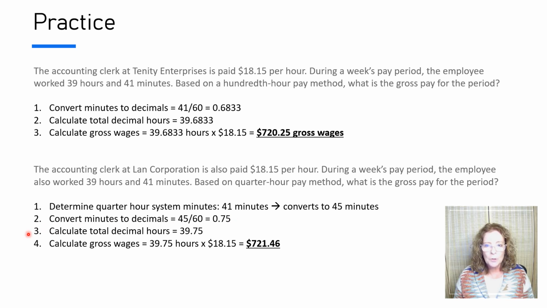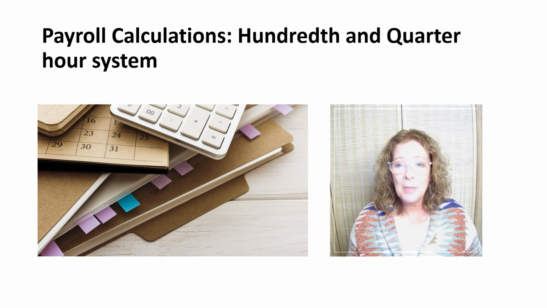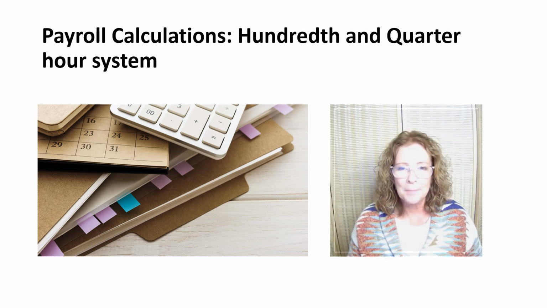Next, we calculate the total decimal hours by adding the hours to the decimal minutes for a total of 39.75. We then calculate the wages by multiplying 39.75 by the hourly rate of $18.15, which results in gross wages of $721.46.